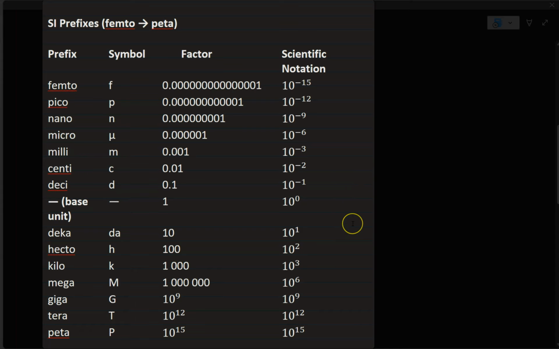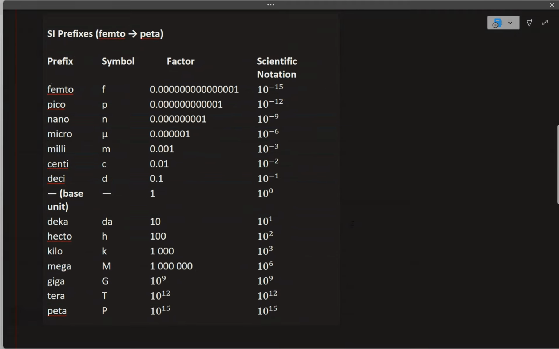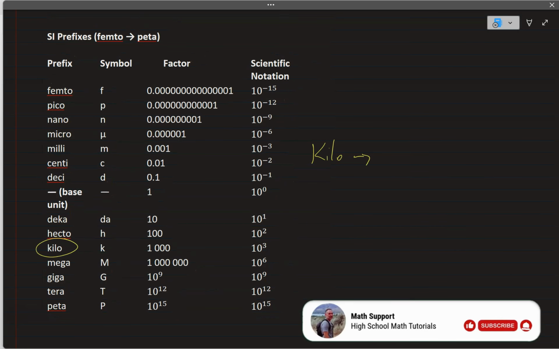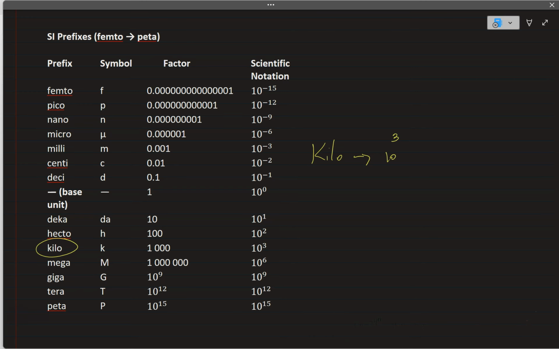For example, kilogram, which is right here, means a scientific notation factor of 1000, that is 10 to the power of 3. Kilo is 1,000, and you have kilo and then gram. That means 1,000 grams.